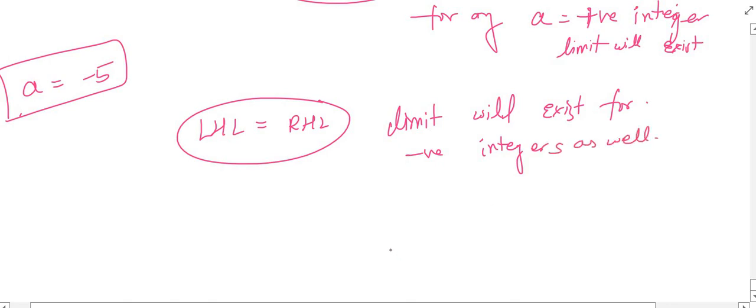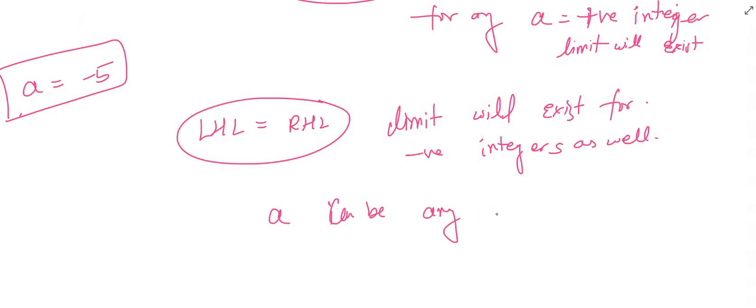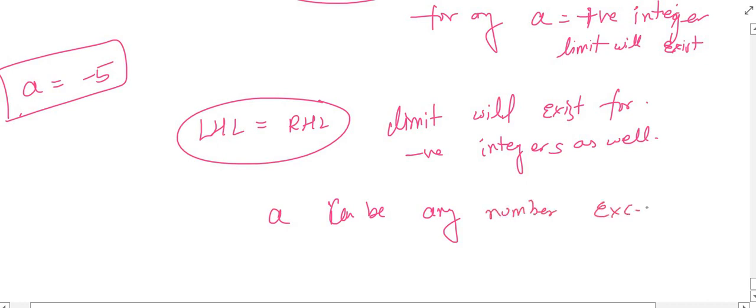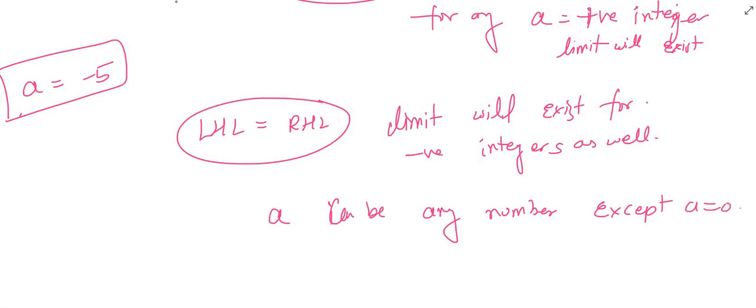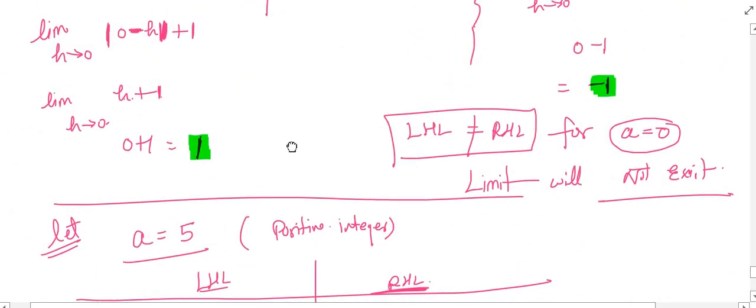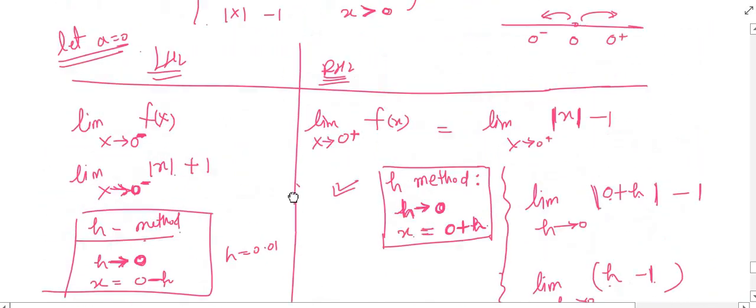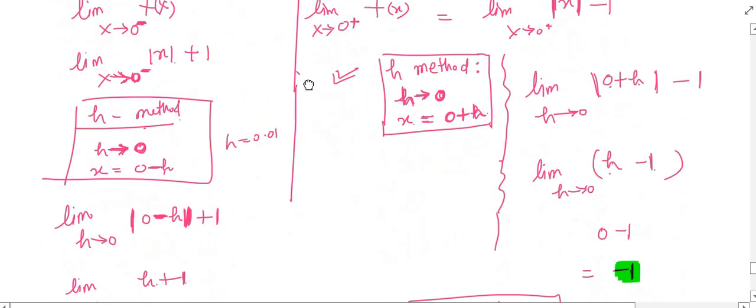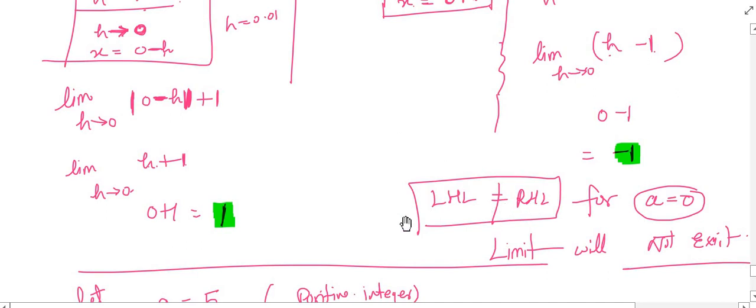So that means what is a? So that means a can be any number except a is equal to 0. Because we saw in the beginning of the question, when a was 0, the limit was not existing.